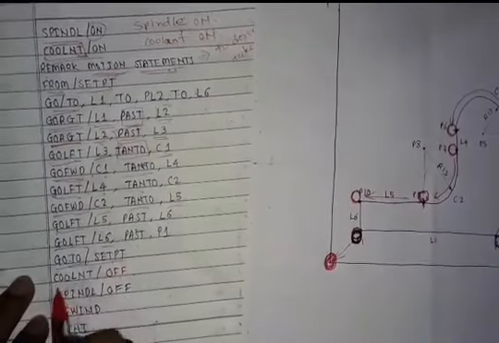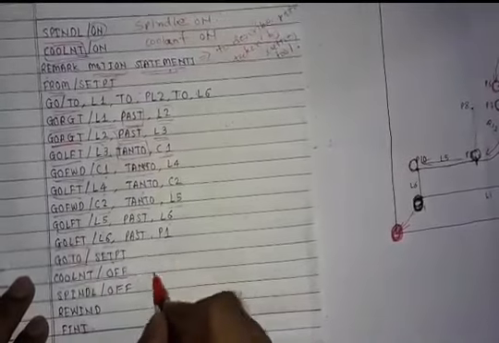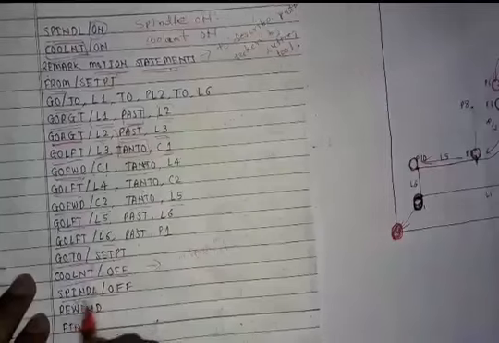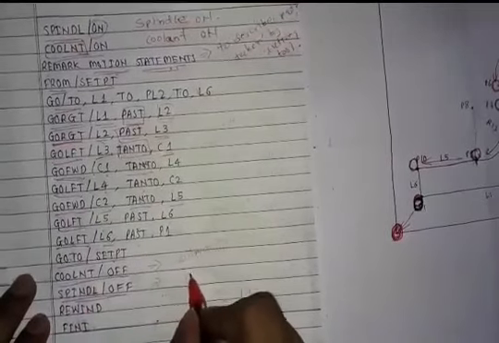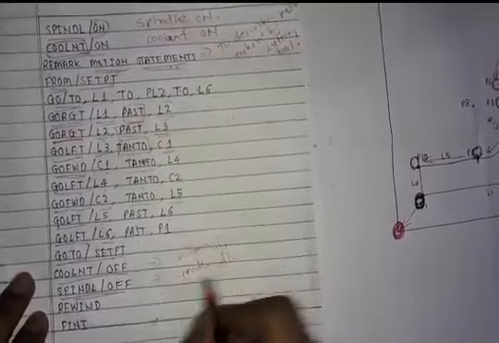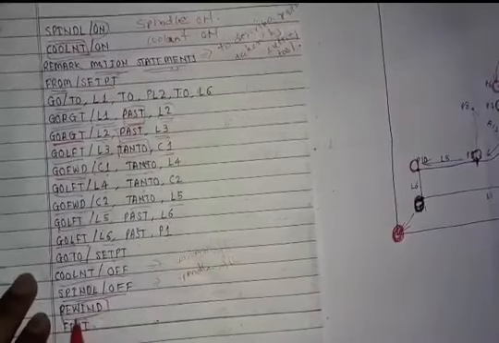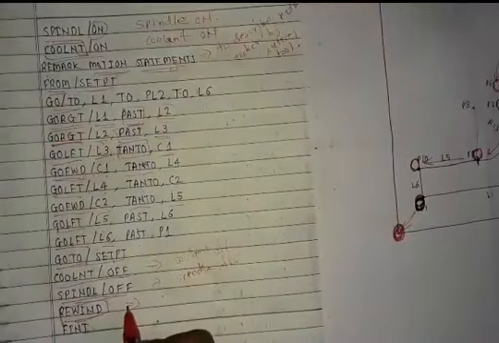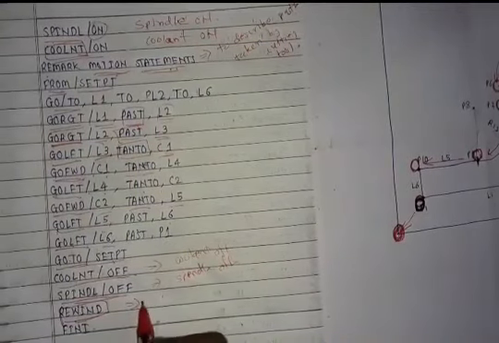Then coolant off, coolant will be off, spindle off, spindle will stop rotating. REWIND, this command is used to rewind the statement.